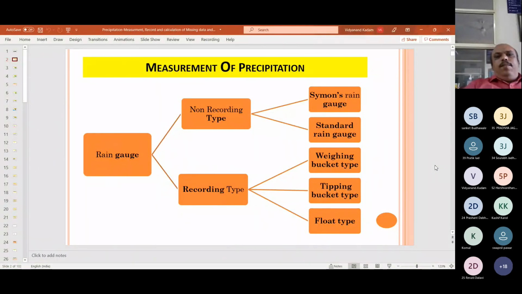After this, the next point we are going to discuss is measurement of precipitation.